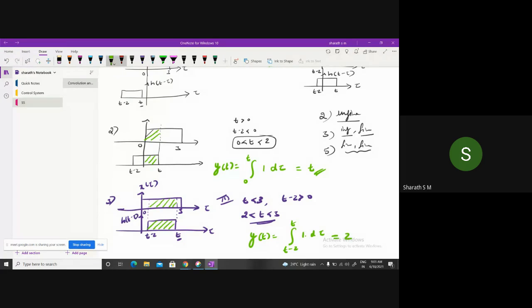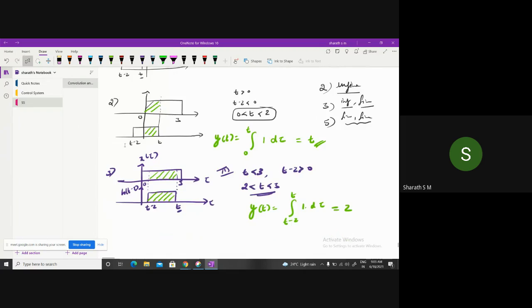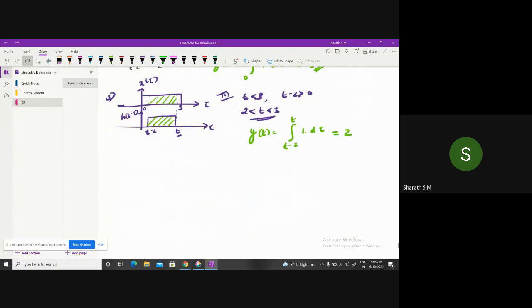And in the fourth case, this is once again from 0 to 3. That's the fixed signal. This one we need to move to the next edge. Initially it is the starting edge. Now it's at the ending edge of the original signal, t minus 2 to t.